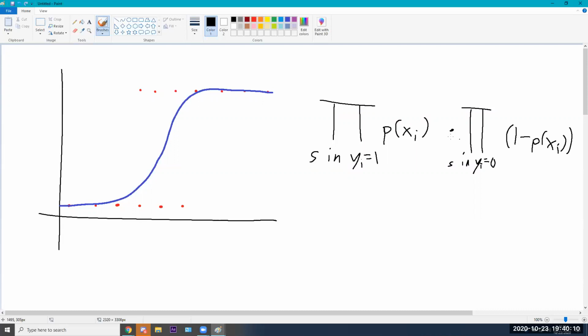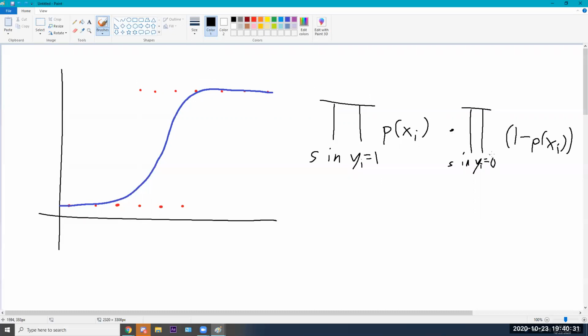And so what this is essentially saying is this: for y_i equals 1, this is just getting all the data points where y_i equals 1, where the mouse is obese, and then it's getting just the probability. And by this pi notation, it's multiplying them all together.